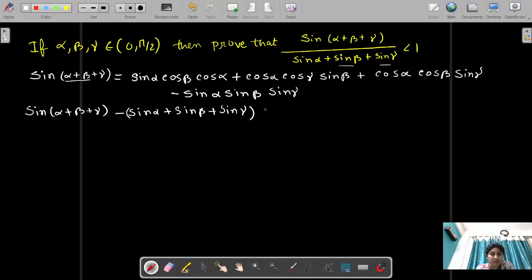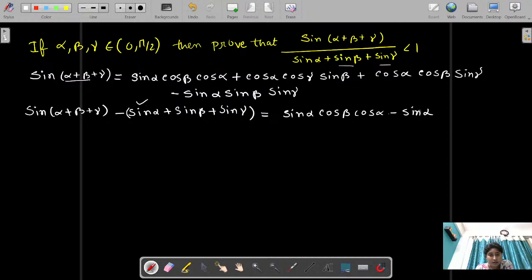Sorry. Okay, now here I can write sine alpha cos beta cos gamma minus sine alpha. From here I will get one sine alpha.